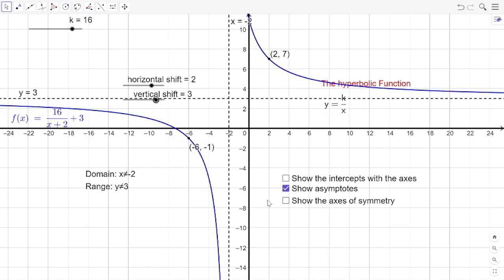We'll now see the asymptotes at x equals minus 2 and y equals 3. The domain is the opposite of that: x can't be negative 2, and the range, y can't be 3.